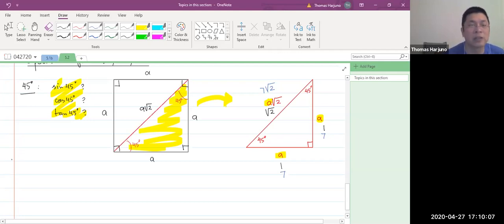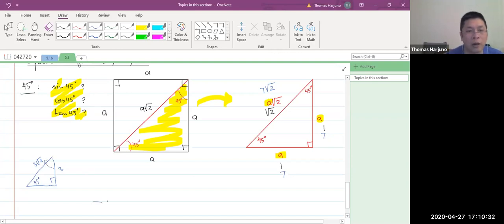So kind of like a side note here. Suppose this is 45 degrees, and you know this leg is 3, then the hypotenuse must be 3 radical 2. If you know one of the legs, then the hypotenuse is multiplied by radical 2.